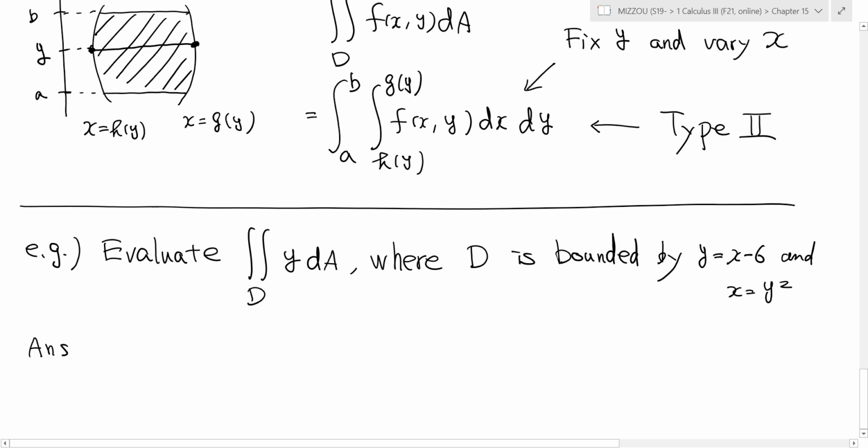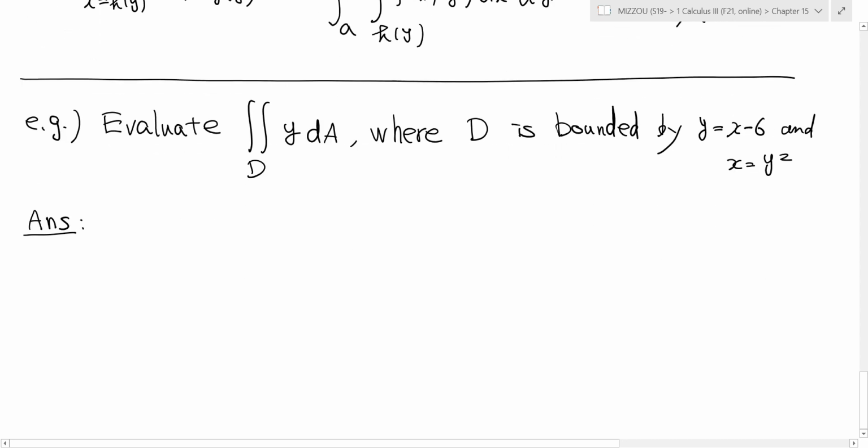Like I said, I would say it's almost impossible to do a double integral problem without sketching the region. So here, in this case, first, what is x is equal to y squared?